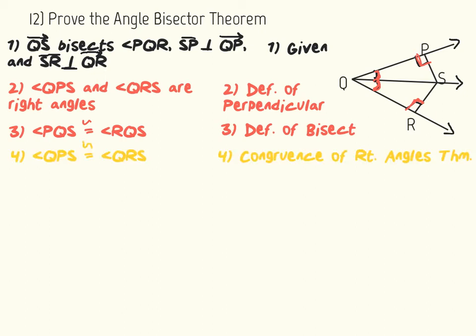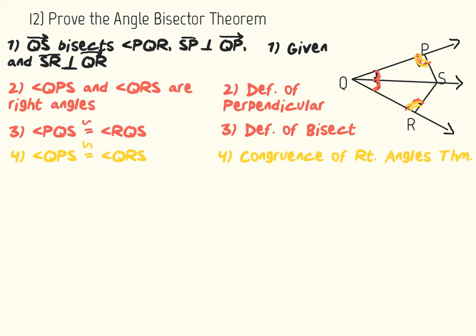So I say angle QPS is congruent to angle QRS by the congruence of right angles theorem. So I would mark this angle is congruent to this angle. So now I have angle and angle. If I could just get a side, either included or on either side of them, then I can say that they are congruent triangles.